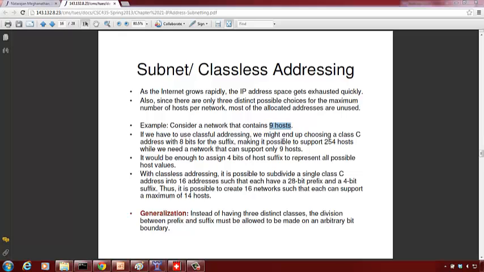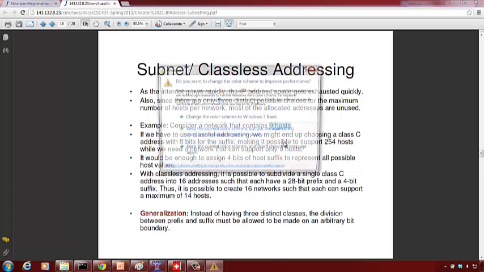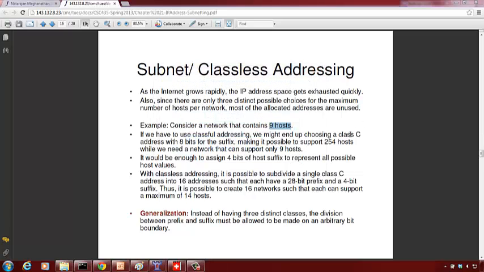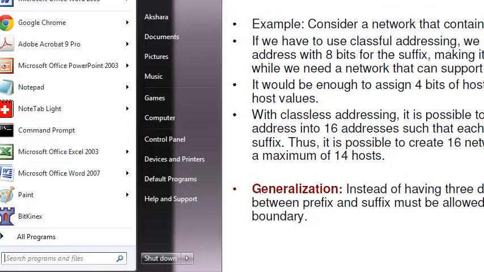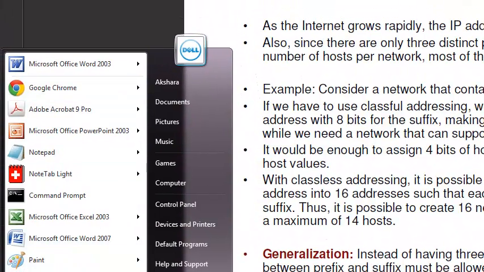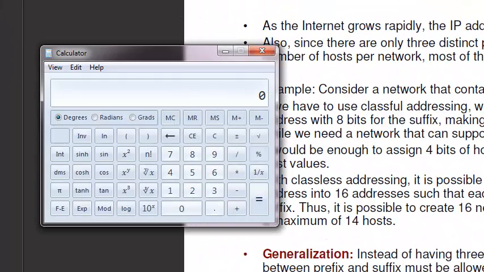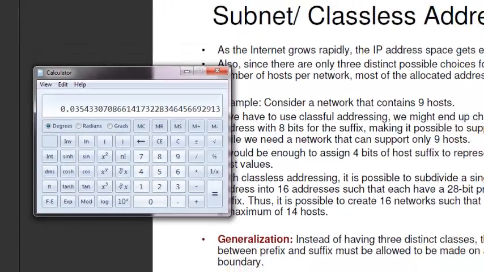But a class C network with 8 bits for the host part can support up to 254 hosts. So there's a lot of inefficiency here. You need to support only 9 hosts, whereas you end up with a network that can support up to 254 hosts. So your efficiency of the IP address assignment is 9 over 254, which is just 3.5%.